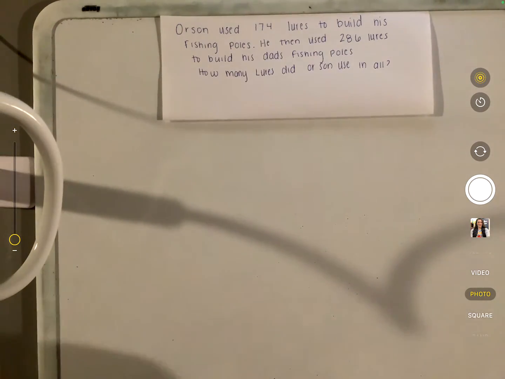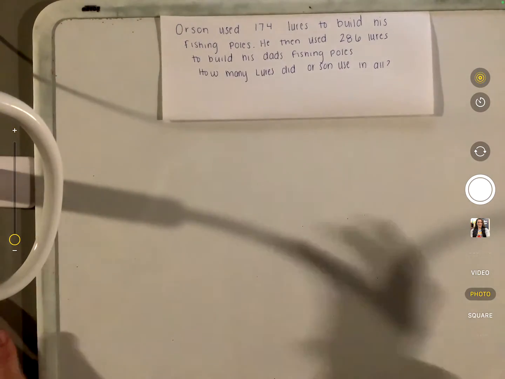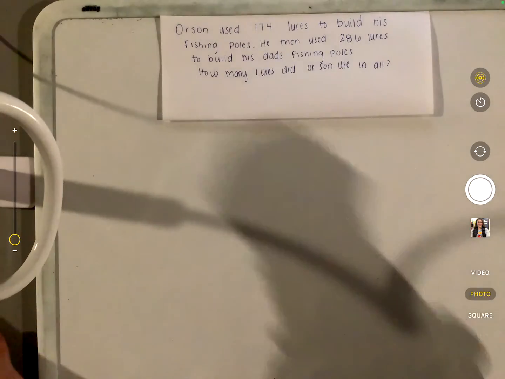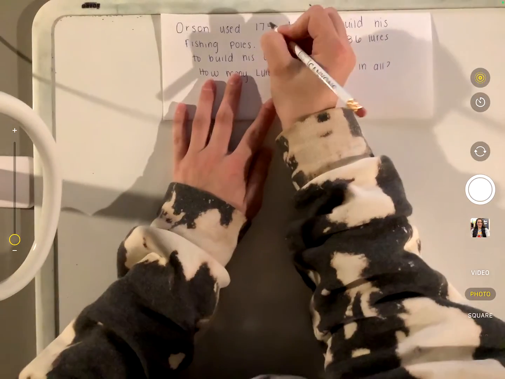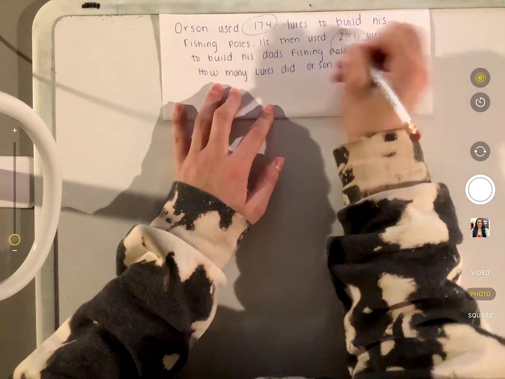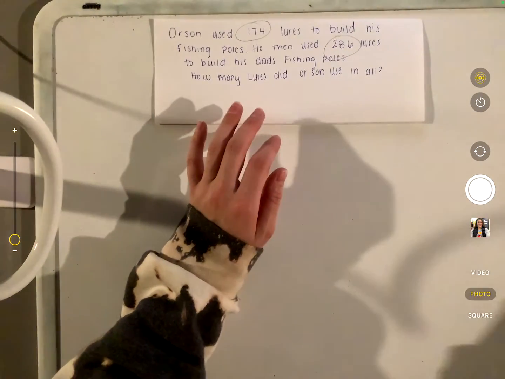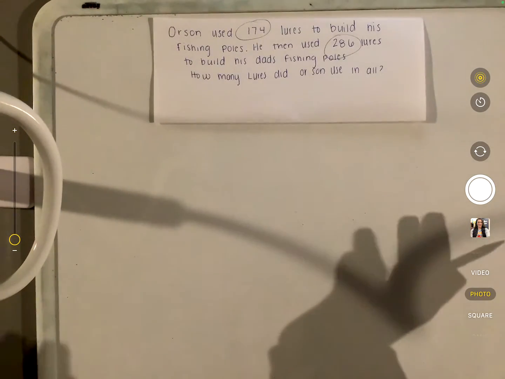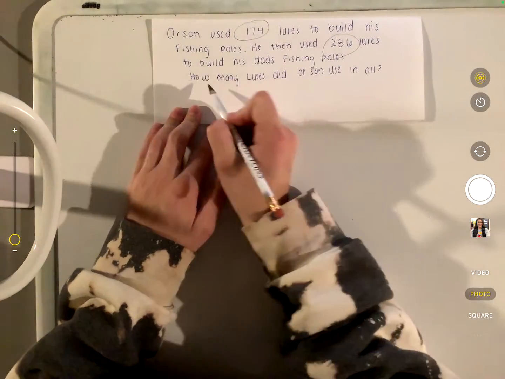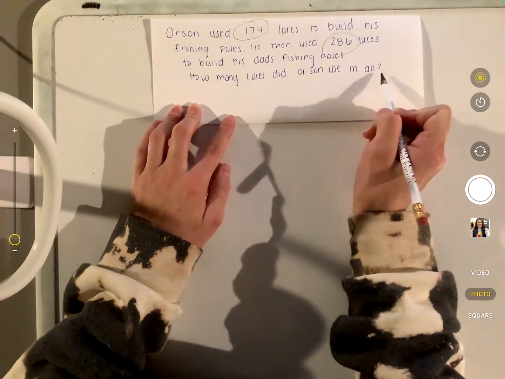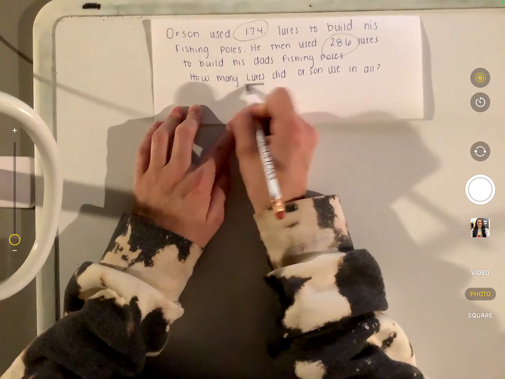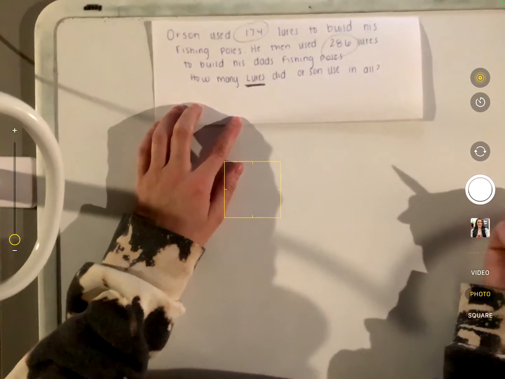All right, so the first thing that I need to do is I need to figure out what this problem is asking me because I know that I can see 2 numbers in this problem, right? But my first instinct shouldn't be just to add them together, okay? I need to read this problem and figure out, first thing, what is it asking me to do, okay? In the end, it says, how many lures did Orson use in all? So I need to figure out how many lures he used altogether.